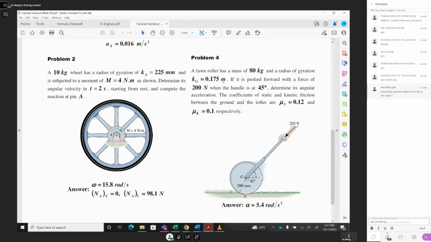You know the mass, you know the radius of gyration, you know I equal to m k_g squared. Straight away you can find the initial rotation.